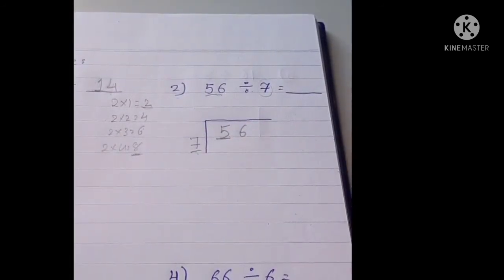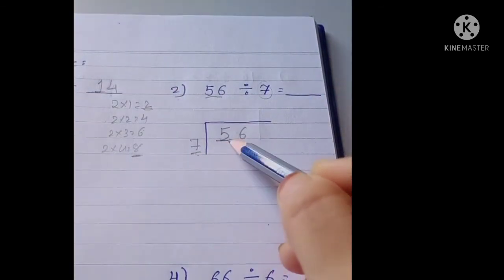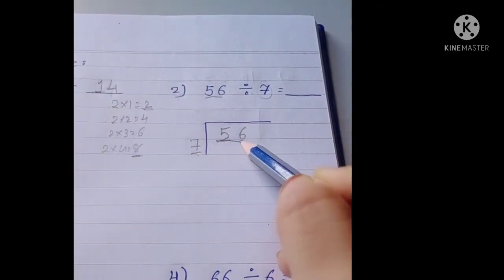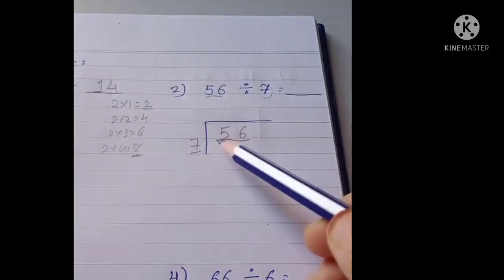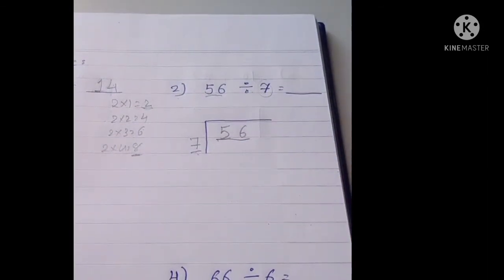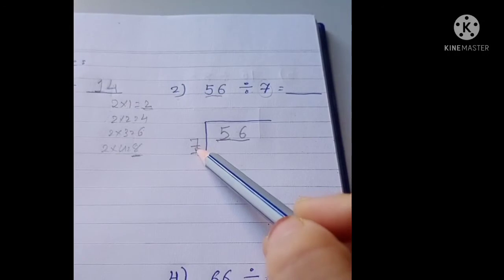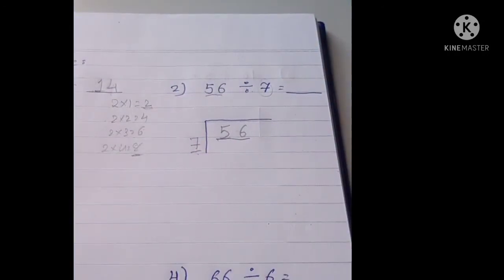So now what to do? Now students, if you are not going for that, you have to take 2 digits now, which means we have to consider 56, right? So you have to speak table of 7 till you are getting 56, right?